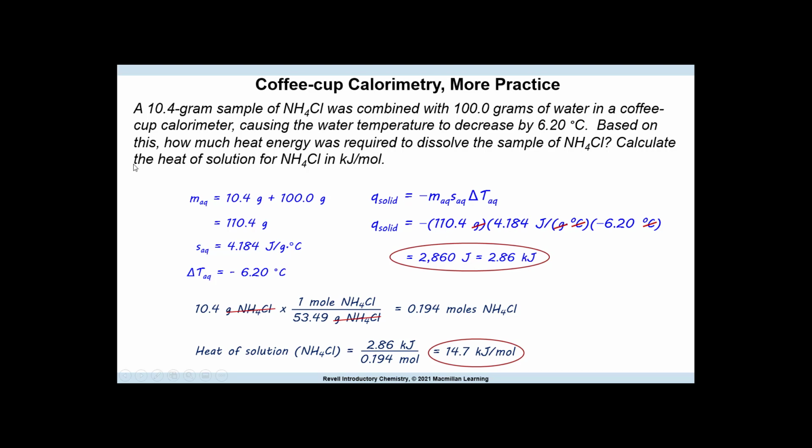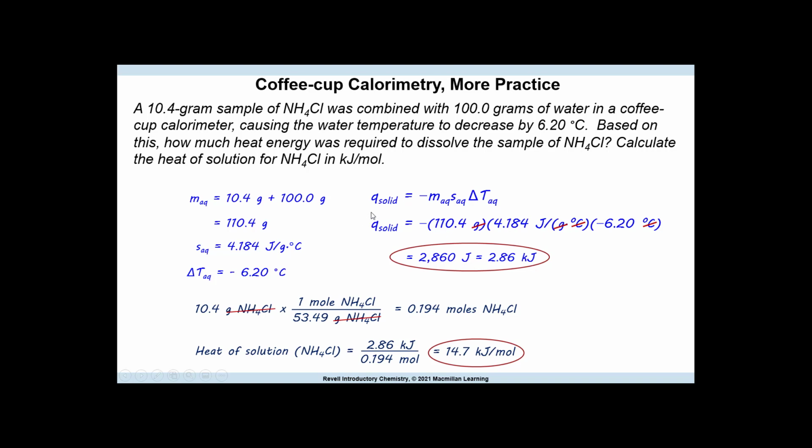The next thing is that we need to determine the moles of ammonium chloride. So we take the 10.4 grams and use the molar mass, and it leaves us some moles. But I think I'm jumping ahead. So we take the mass, the specific heat, and the change in temperature, and that gives us 2.86 kilojoules.